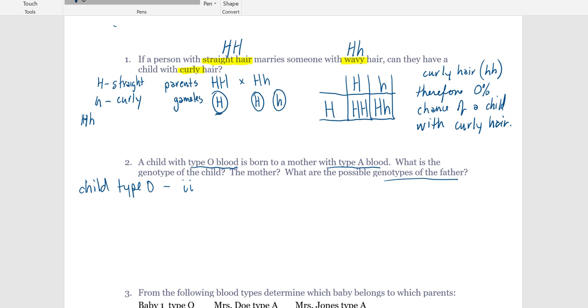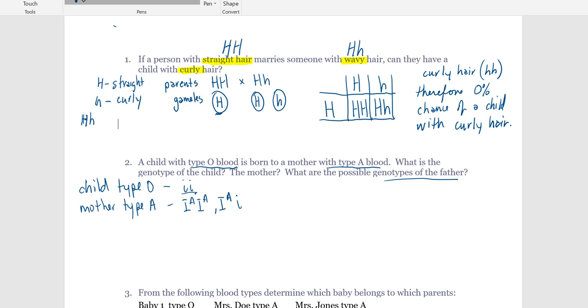The mother is type A. Now, she could be I^A I^A, homozygous dominant, or she could be heterozygous. The reality of it is there's only one option here for mom, since the child is homozygous recessive.